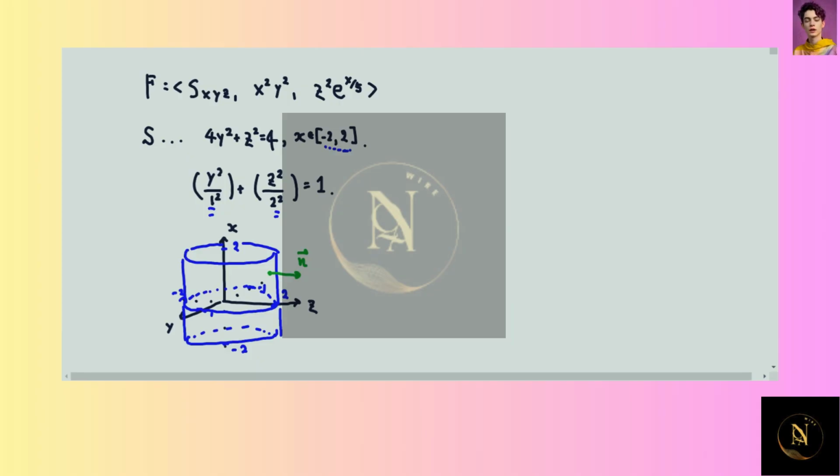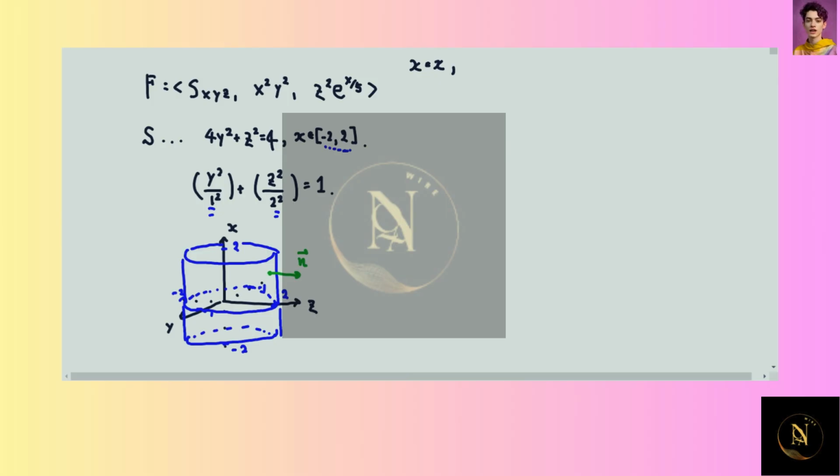So this is a case where the parameterization works out very nicely when we use cylindrical coordinate systems. So this is my choice. X just goes from -2 to 2, so x is x.